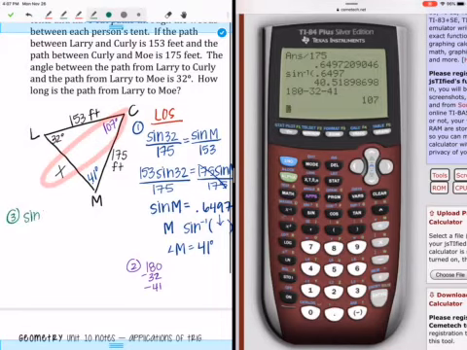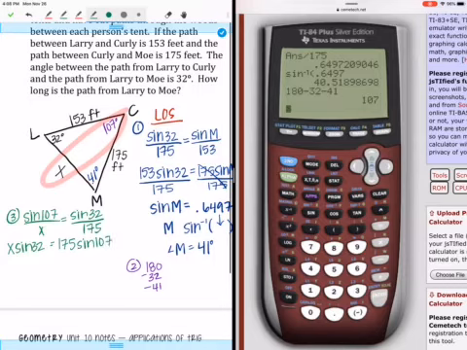So sine of 107 over x, and I would compare that back just to the 32 and 175. As a general rule, it's best to use what they give you to start with if possible. So this would be x times the sine of 32 equals 175 times the sine of 107. Both sides would get divided by the sine of 32.